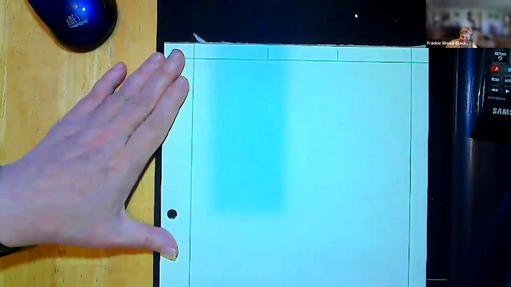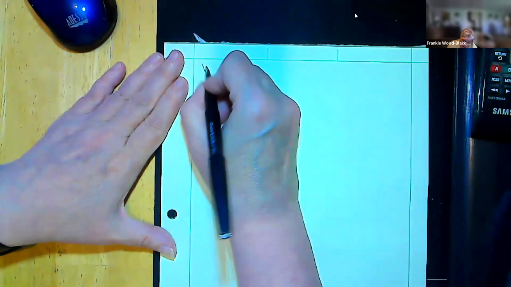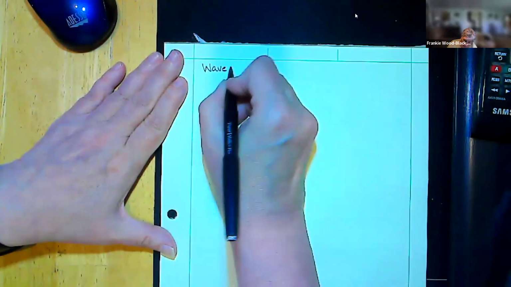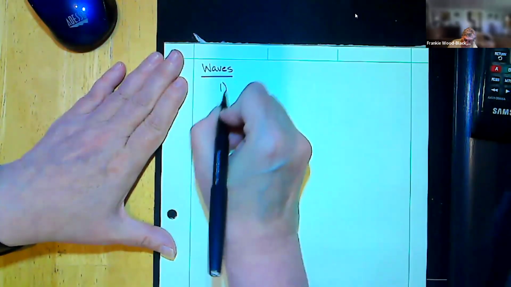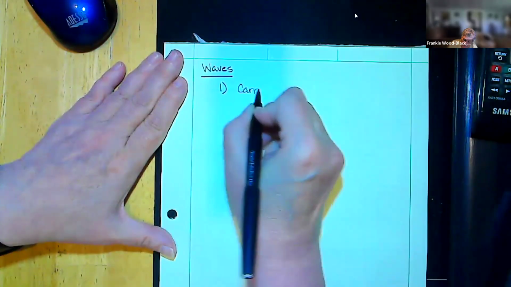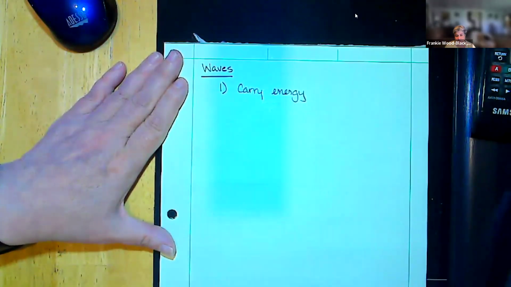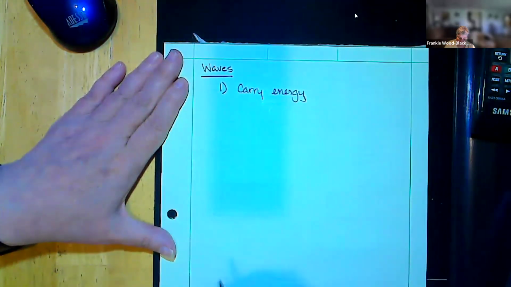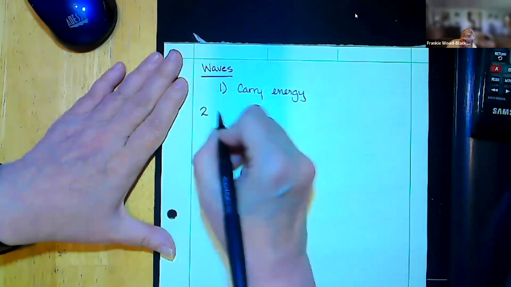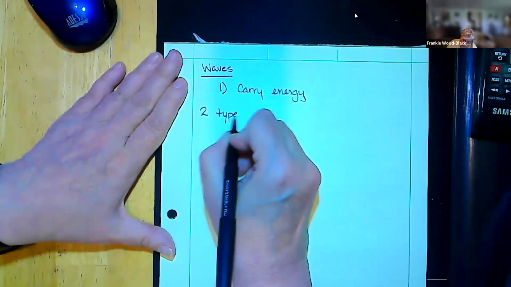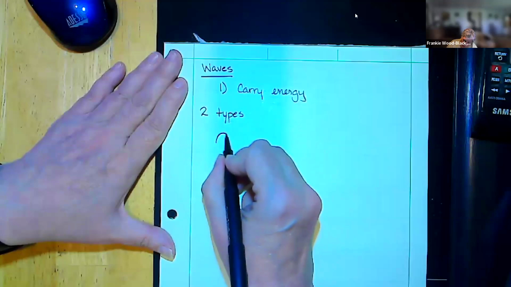But I want to cover a couple of things on waves before we call it a day. So waves, first thing is they carry energy. We have two types. We have what's called a transverse wave.